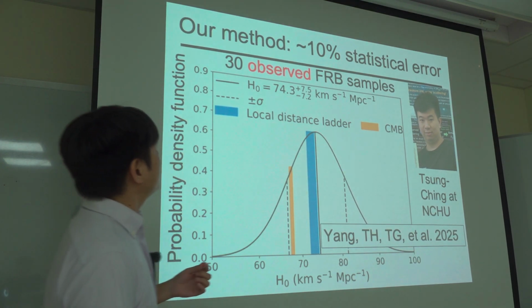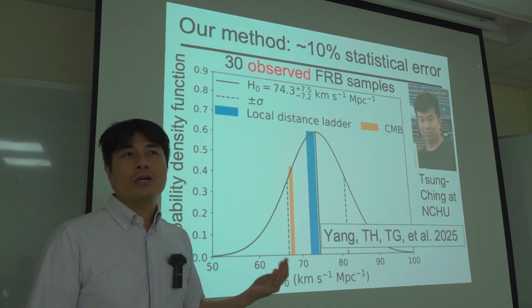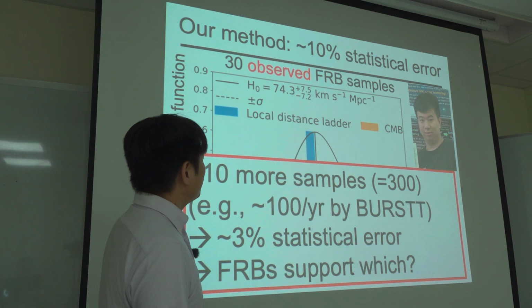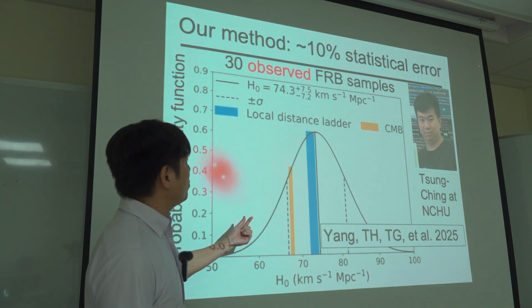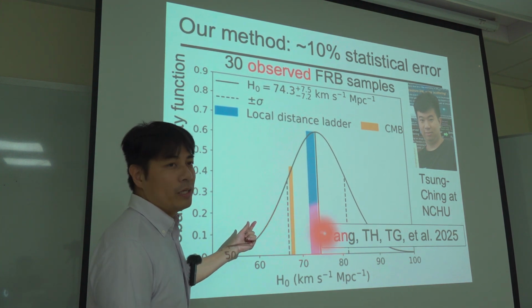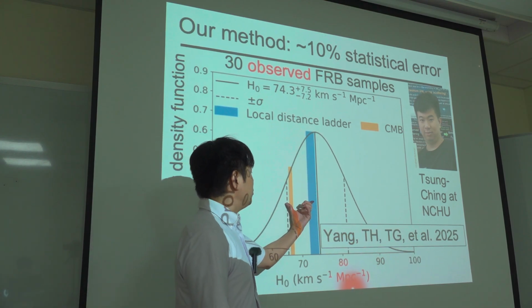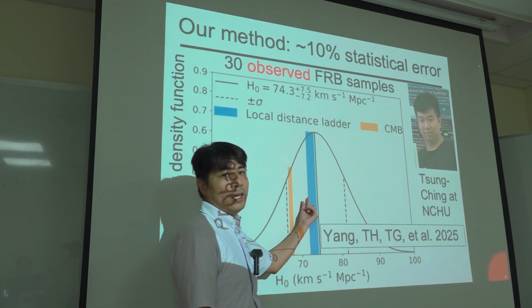Currently only 30 FRB samples are available, but in the future this number should increase. For example, if you really want to differentiate between local distance radar or CMB, which FRB supports, we need to reduce this statistical error, right?